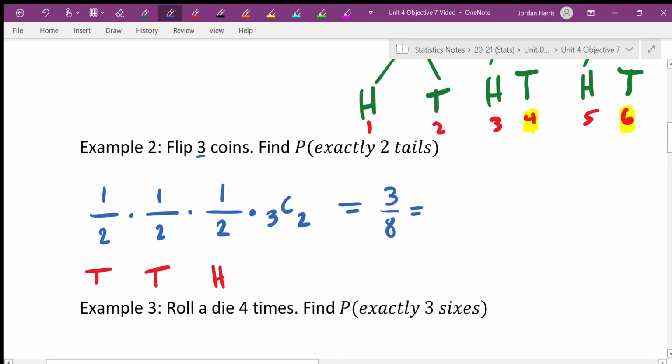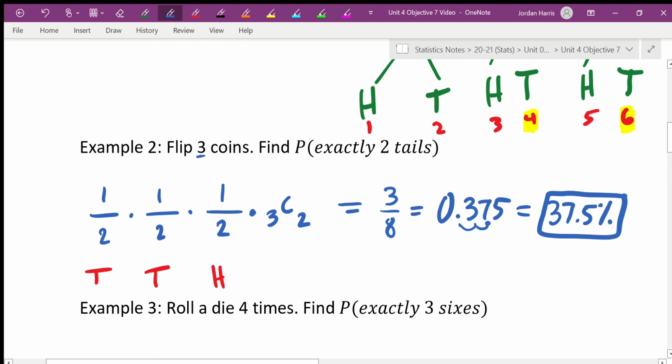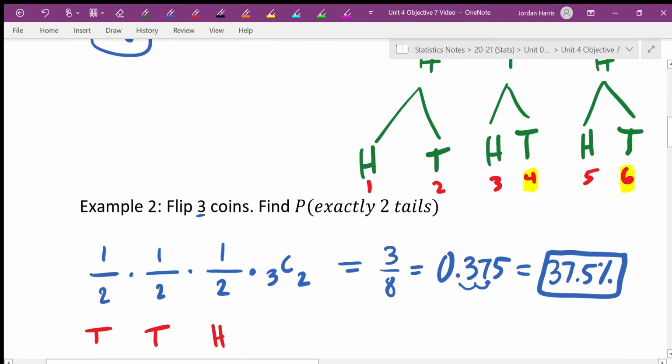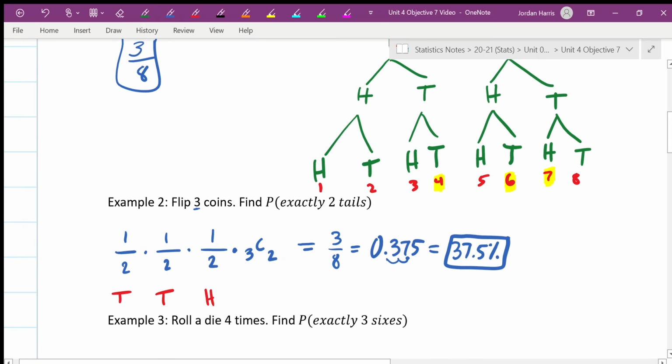Or if you are like most people and it comes out as a decimal, 3 divided by 8, there we go, 0.375. And we can move the decimal twice to the right and get the percentage because I like percentages. 37.5%, which is the same. It's 3/8. 37.5% is 3/8. So we got the same answer using combinations, though.